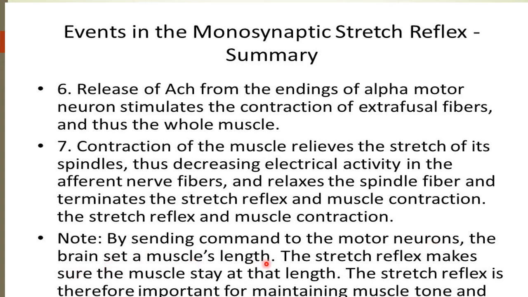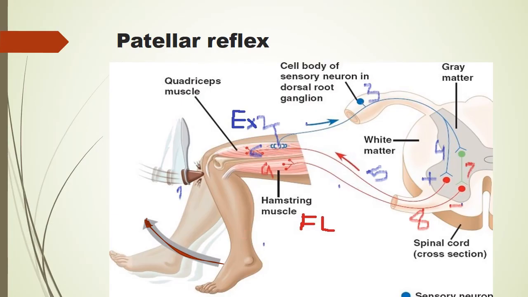So the muscle length remains optimal. So the stretch reflex makes sure the muscle stays at that definite length which is assigned by the higher centers. So the stretch reflex is important for maintaining muscle tone and length.